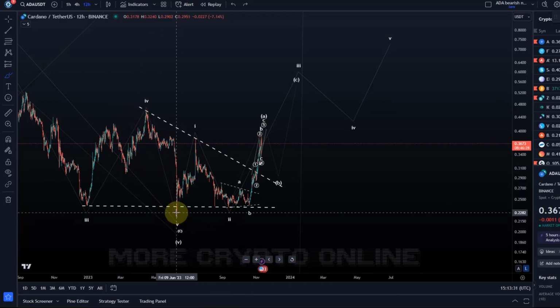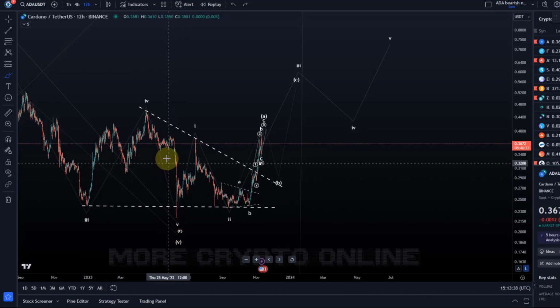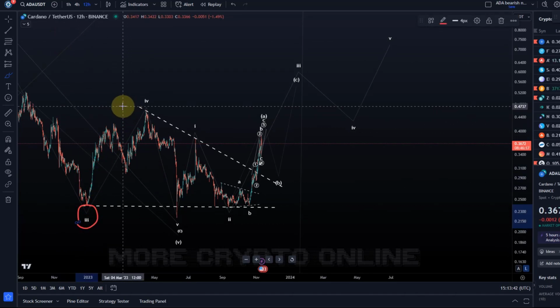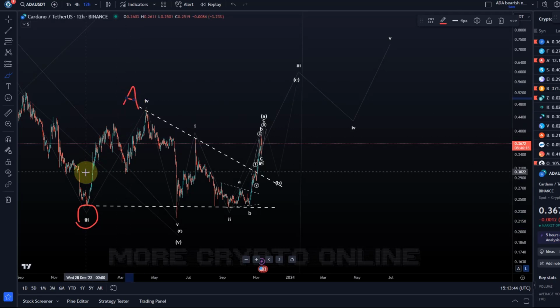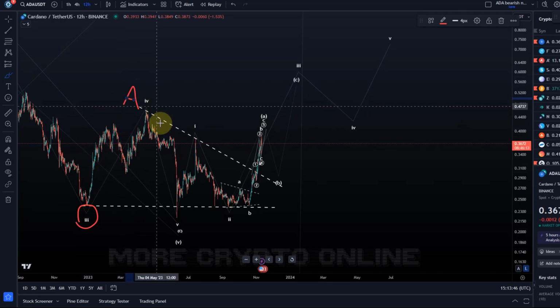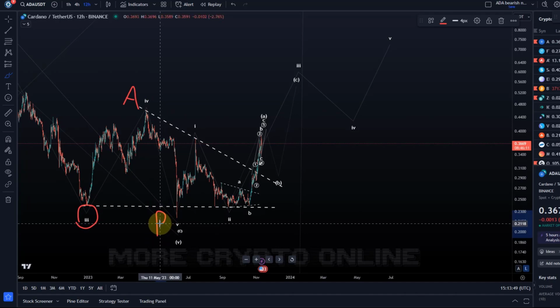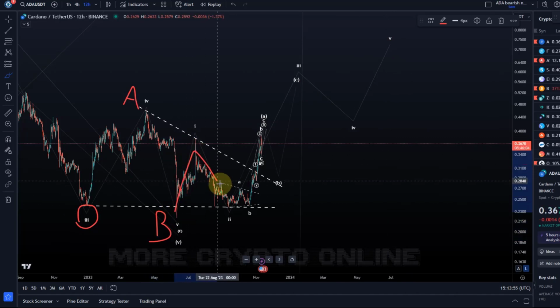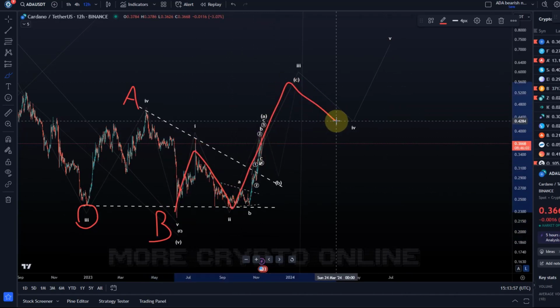Because it's a 3-wave move down, it can always count as an overshooting B wave to the downside, which would imply bearishness. Why? Because if this was a 3rd wave, then this here could simply have been an A wave in 3 waves, which often is followed by a very strong B wave. And then this could be a diagonal, yes, which could unfold in 5 waves, yes, but it could just be an ending diagonal in wave C.